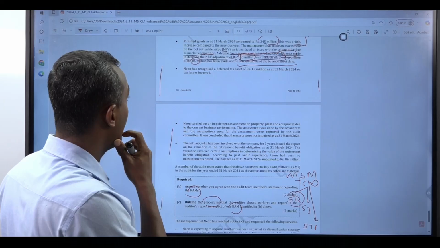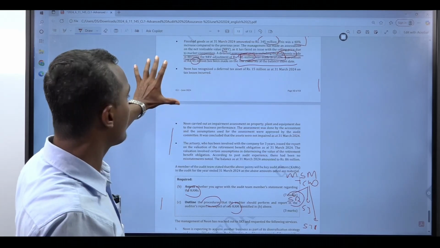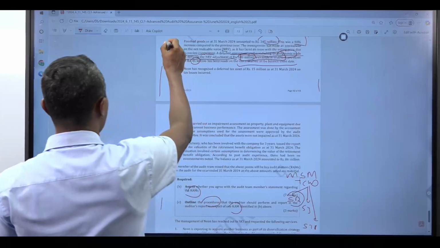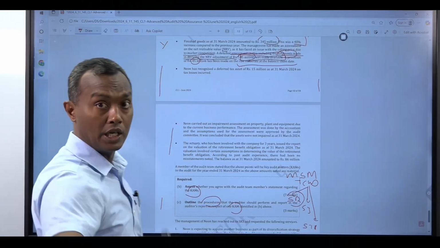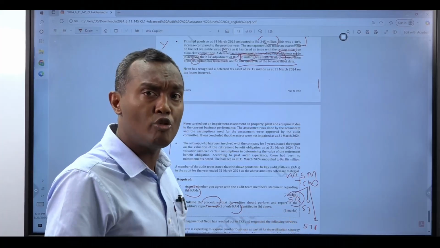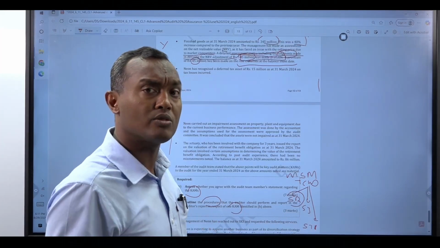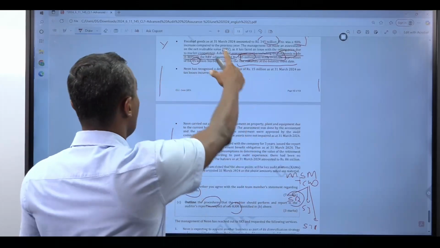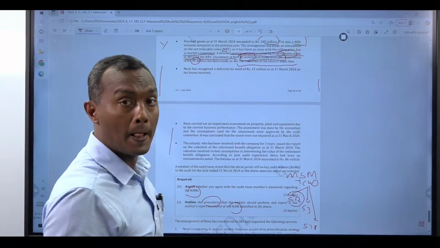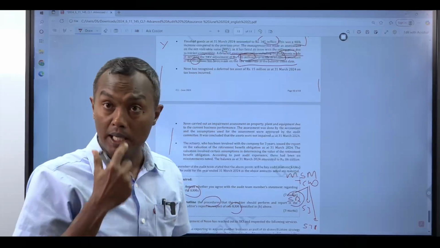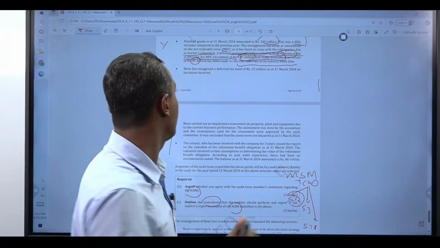So now first, do you agree that the first point is a CAM? Answer is yes. Why? It is material and it fits the criteria of a CAM. The first criterion, significant risk, appears to be met. Because it requires special attention, it's material, and it also involves significant judgment.